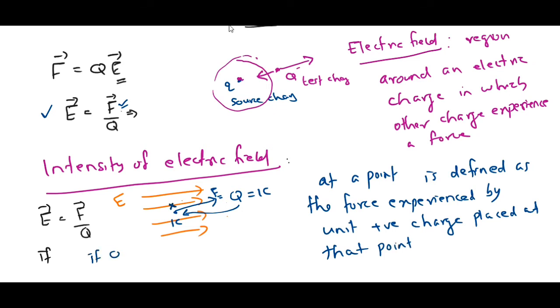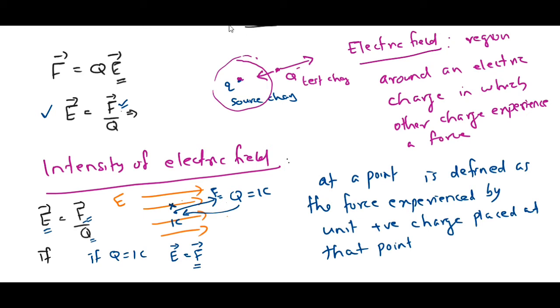That is, if Q is equal to 1 Coulomb, then this expression gives E is nothing but F. That is, the electric field at a point is defined as the force experienced by a unit positive charge placed at that point.